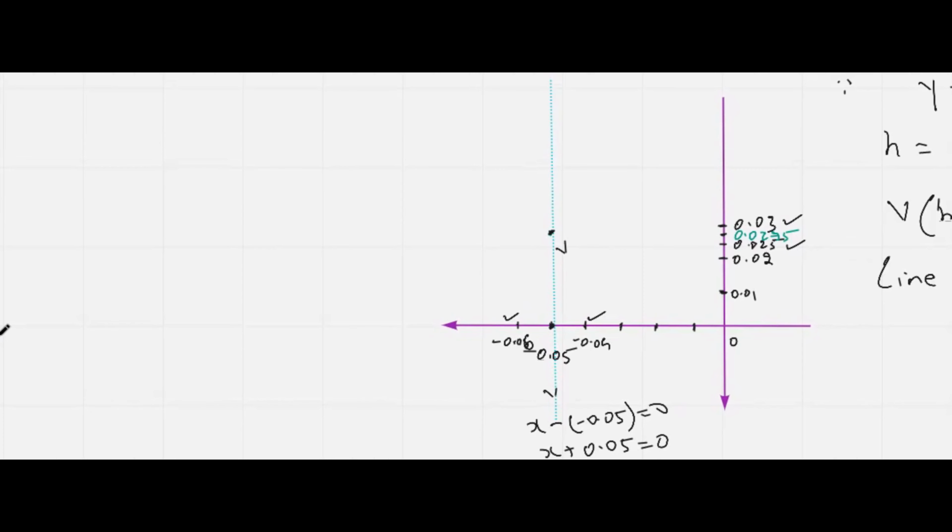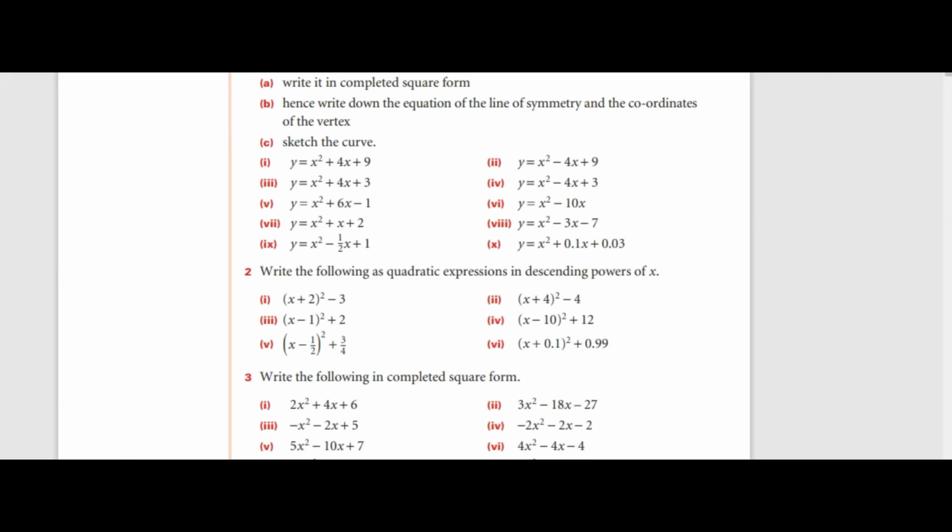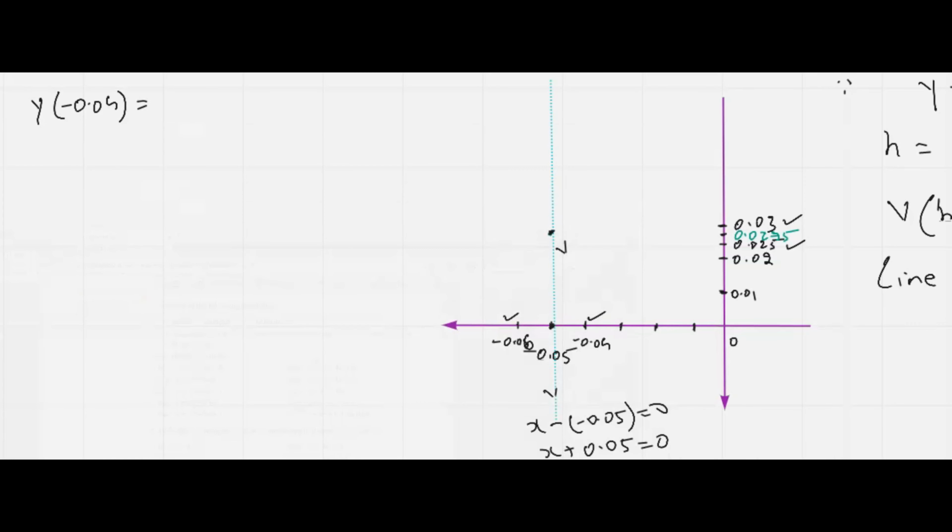So we're going to use 0.05? Yeah, for 0.04, substitute this x value in the equation. It was x squared plus 0.01x.